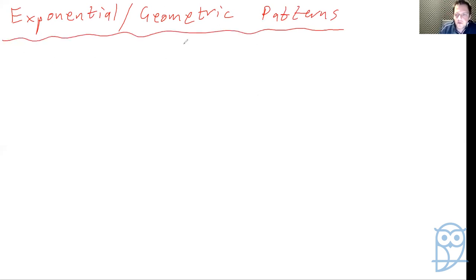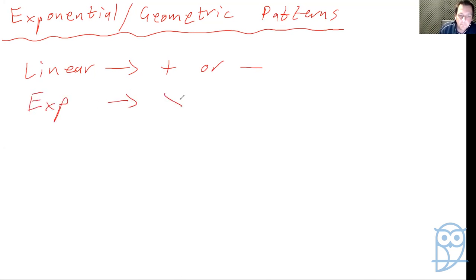So the difference between exponential or geometric patterns and your linear patterns is that with a linear pattern, you are either adding or subtracting term by term. With my exponential or geometric, I am multiplying or dividing term by term.